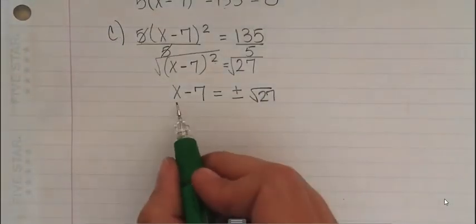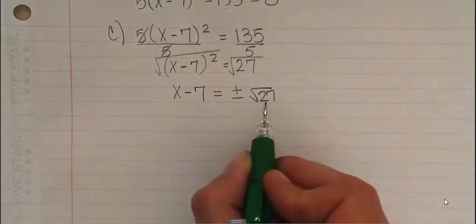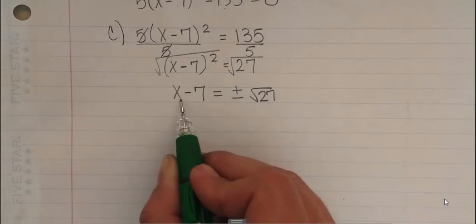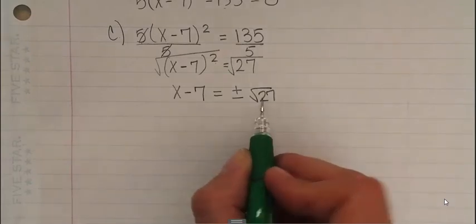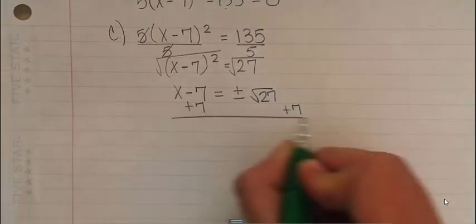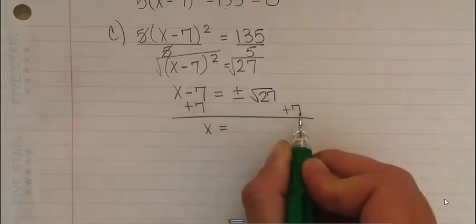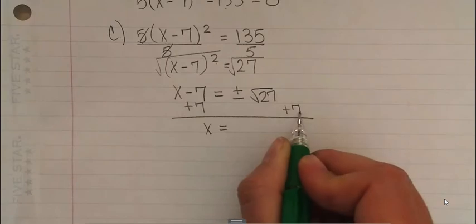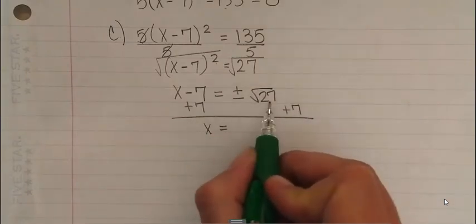All right, still x is not by itself, and I also need to deal with this mess over here. So I think I'm going to choose to get x by itself, and then I'm going to deal with this. So I need to add 7 to both sides. Now I'm going to put the 7 in front here because remember, it's a positive or negative root 27.